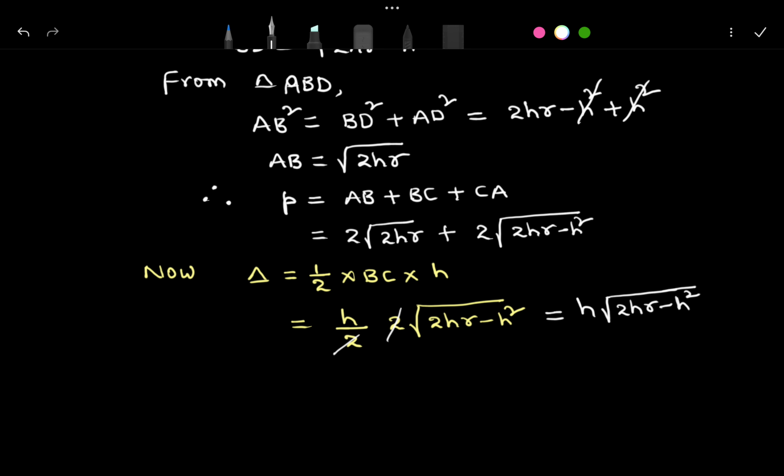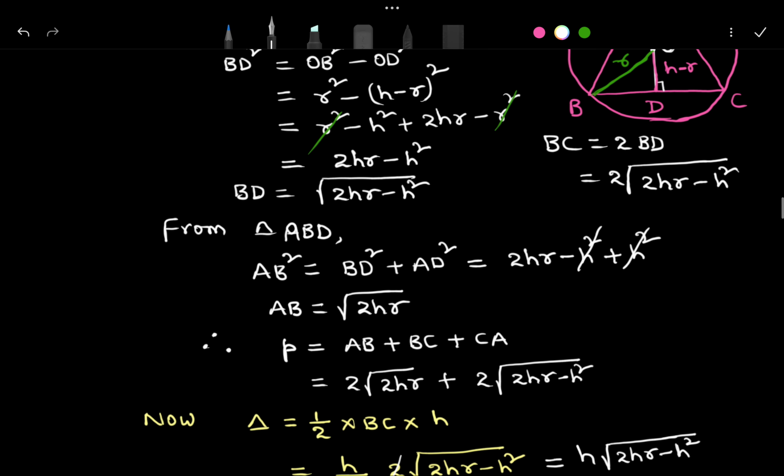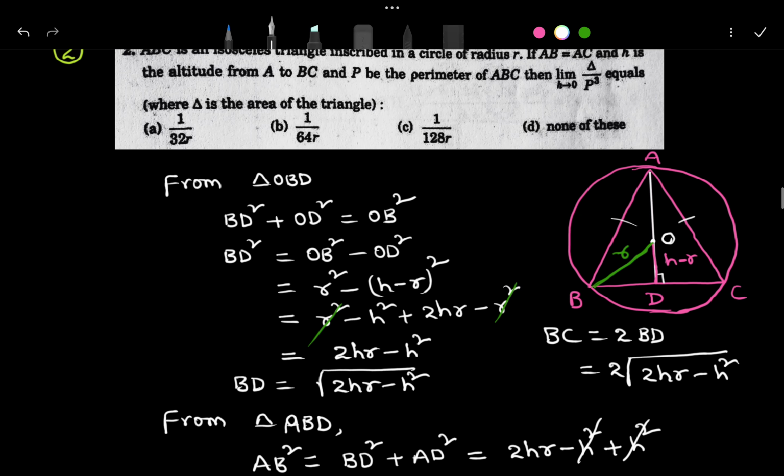Now substitute all these values in the given expression.